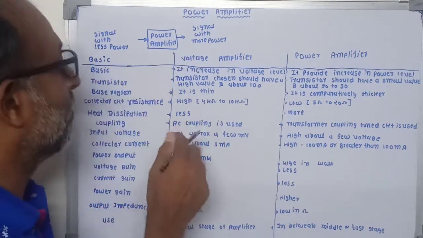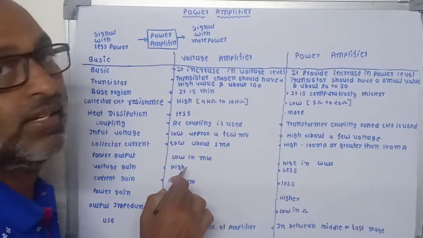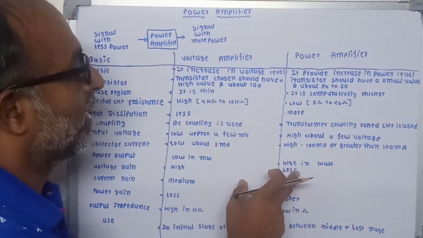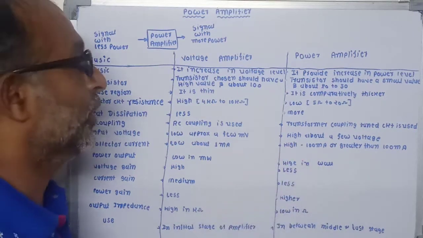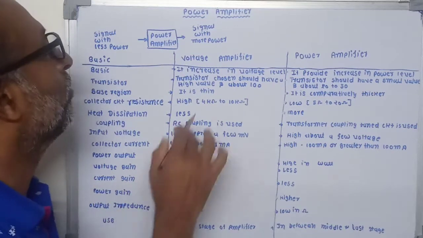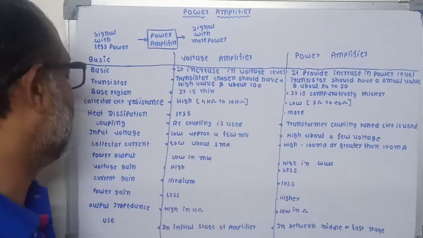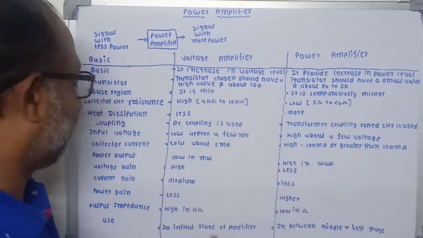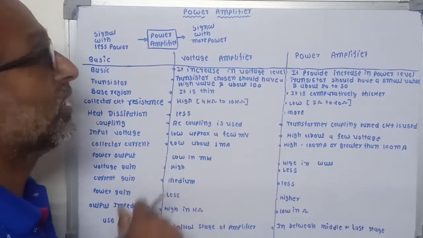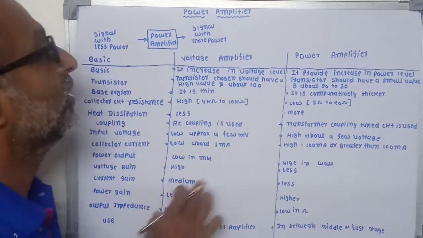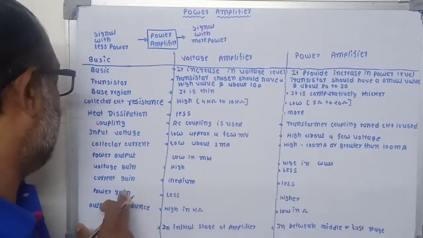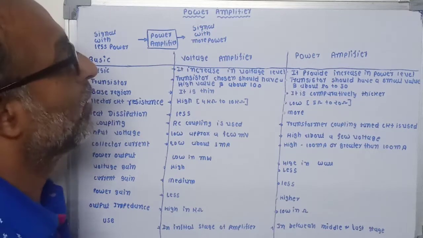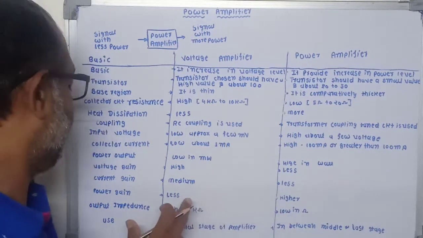In a voltage amplifier output power is low, in milliwatt, while in a power amplifier it is high and is taken in watt. Voltage gain of a voltage amplifier is high and in a power amplifier it is less. Current gain in a voltage amplifier is medium. The power gain in a voltage amplifier is less and in a power amplifier it is higher.